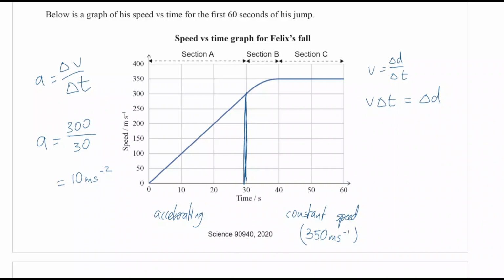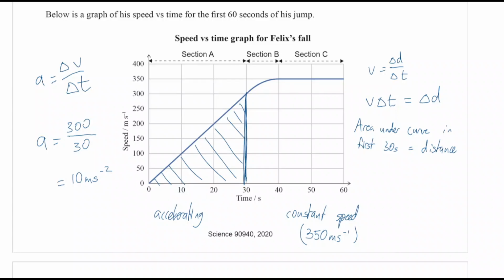And in this case, we want the area for the first 30 seconds. Which, lucky for us, is a triangle. And we know the area of a triangle. So area under curve in first 30 seconds is equal to distance.